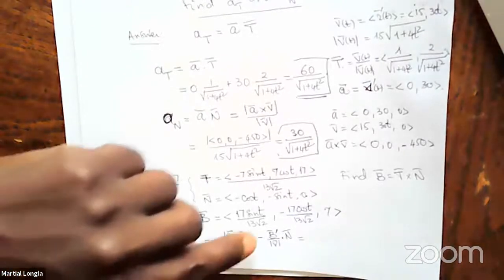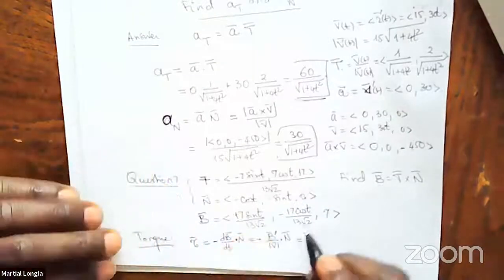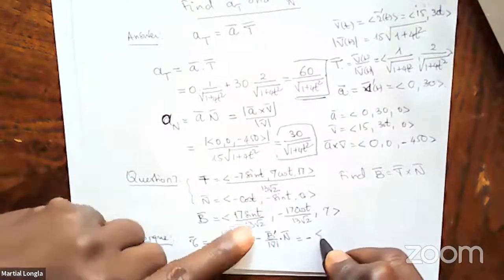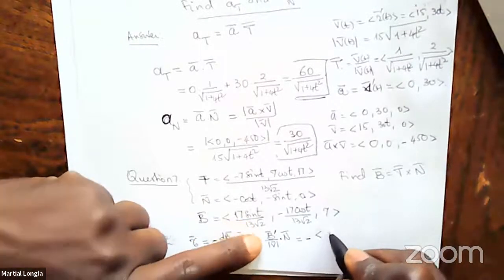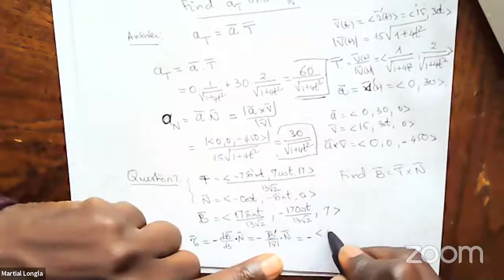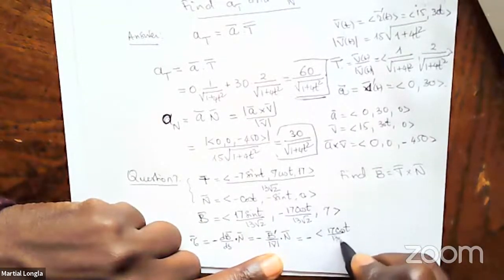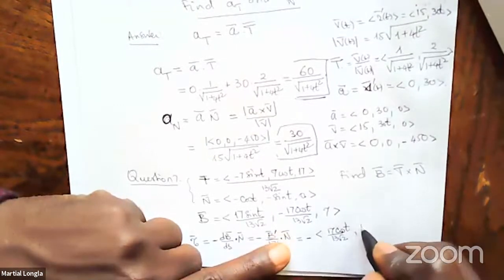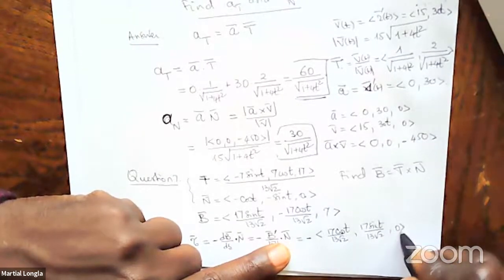So you take the B that is given, that you got here, take its derivative. That's negative. Derivative of this vector is going to be 17 cosine t over 13 root 2, 17 sine t over 13 root 2, 0.